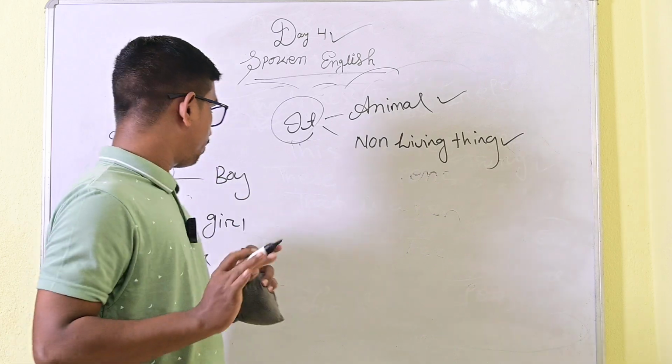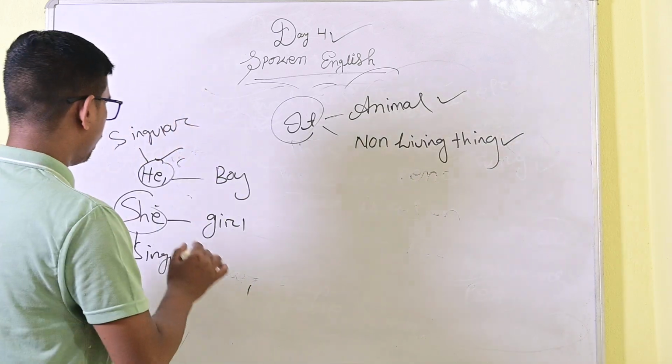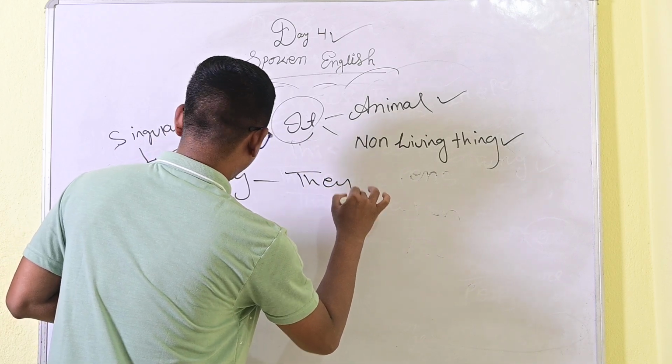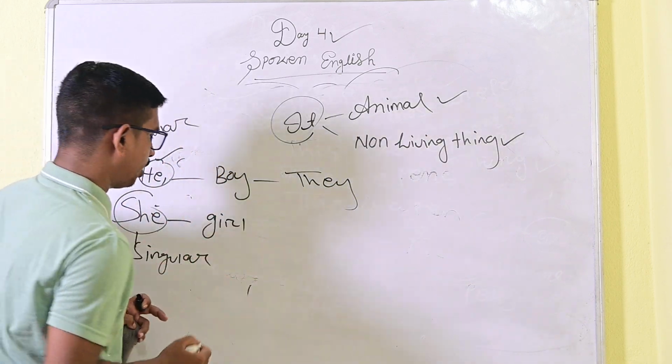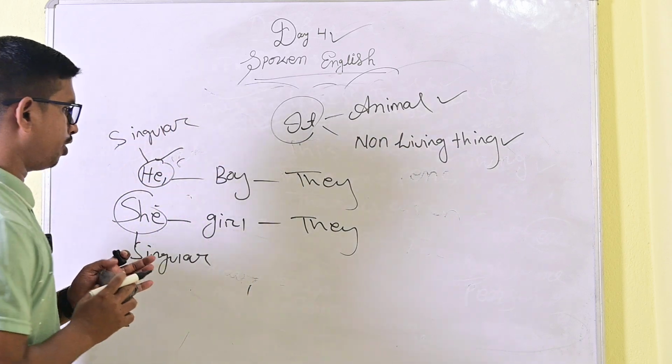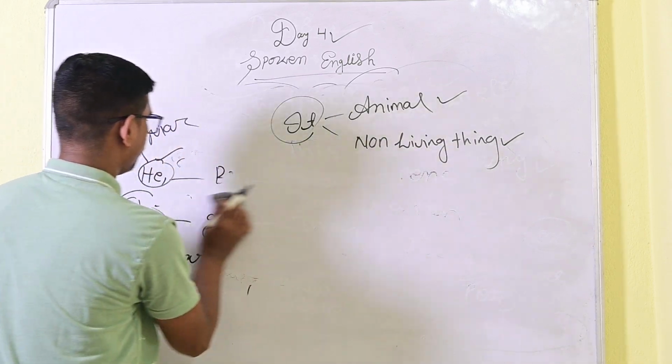But when he becomes plural it will become they, and when she becomes plural it will be they. Okay, now we'll understand in a detailed way.